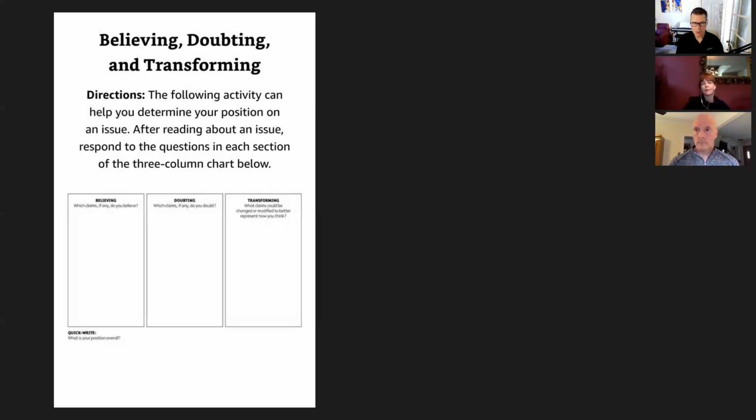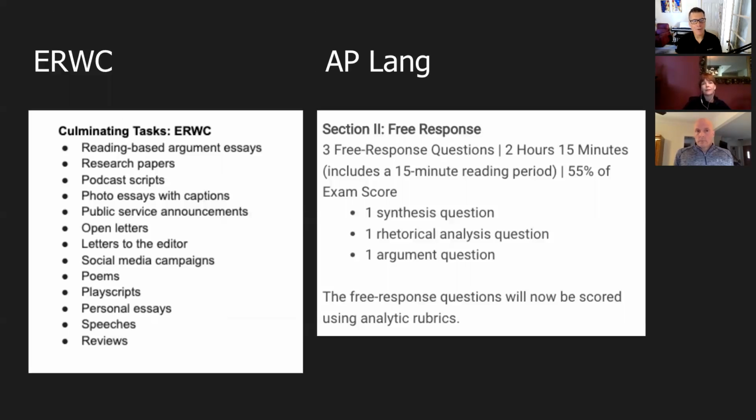And that is the way these courses both work. They move from all of these rhetorical reading strategies we've just been discussing to writing. And then here are a partial list, anyway, for ERWC of the culminating tasks for these 2 courses. Jennifer, why don't you tell us a little bit about ERWC's culminating writing tasks? Sure. So you're seeing that long list of ways to take rhetorical action in ERWC.